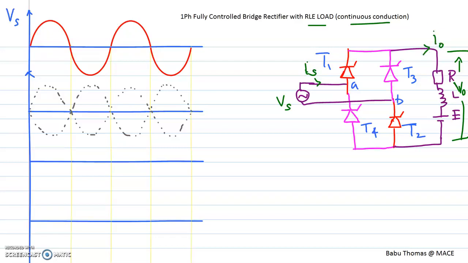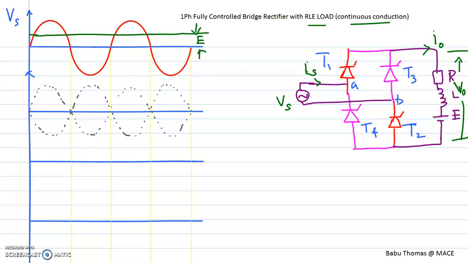The only difference is that you have an extra EMF which comes into picture at this instant of time. So that EMF E, I will be drawing it over here like this. So this is nothing but your EMF E.